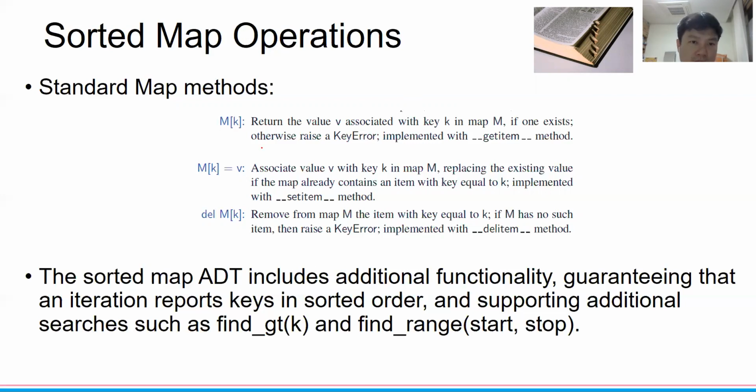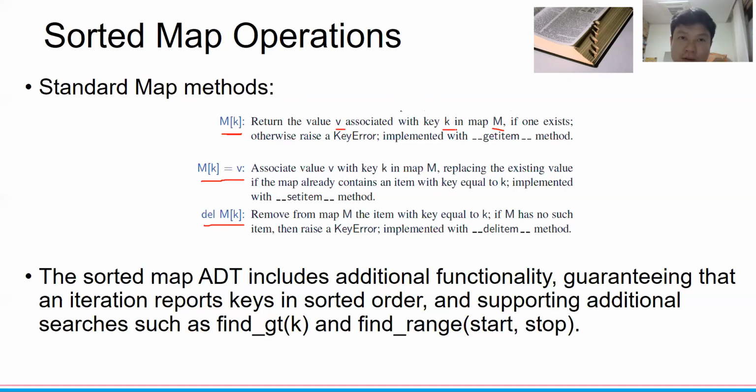So let's figure out more about M[k] = v and del. Those are the basic functions of the map. M[k] means I want to get the value from the map M when the key is k. If that exists, then I can get the value.